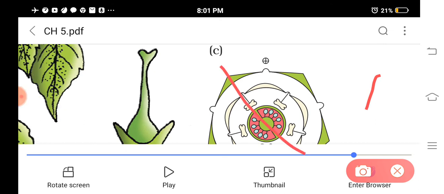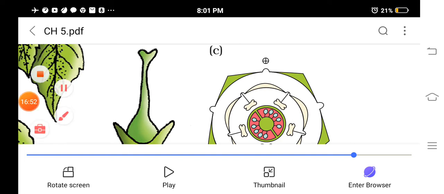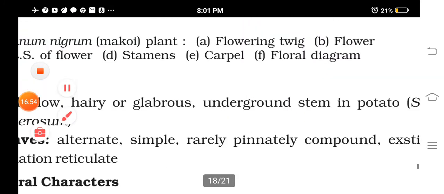Okay, a little bit it is tilted, not in this direction. In other flowers if you see it will be like this, but here you can see that they are arranged a little bit tilted. Okay, and you can see the swollen placenta. So these are the characters of what?